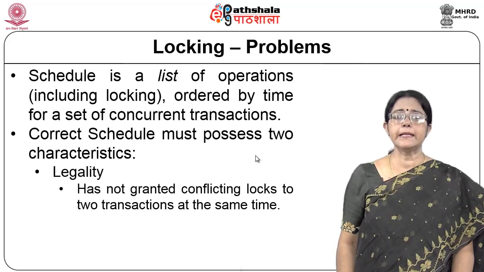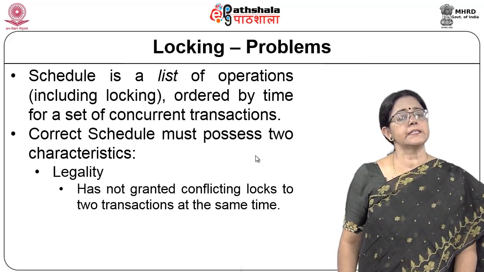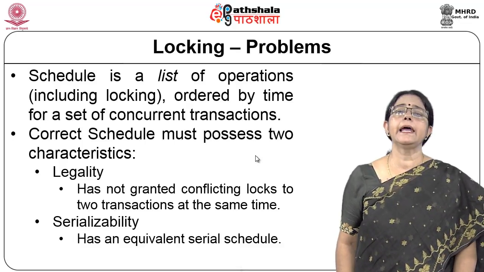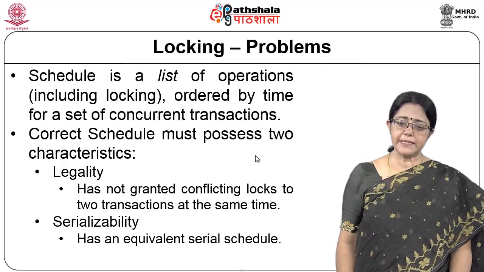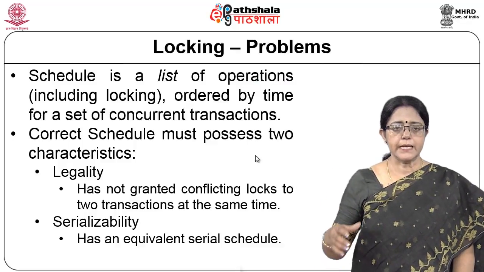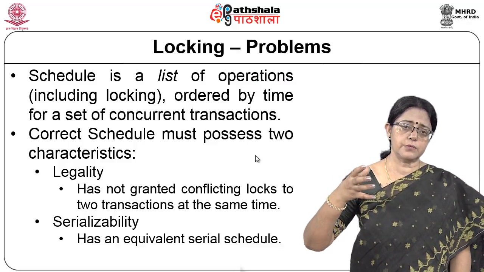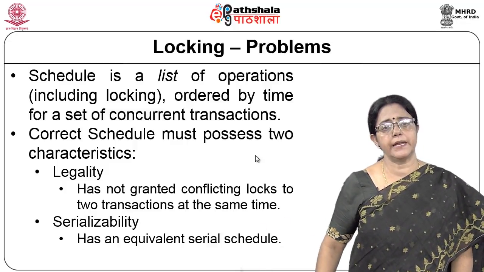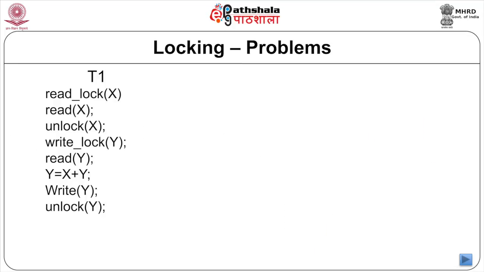One is that it is a legal schedule, it has not granted any conflicting locks, and it is serializable. What is serializability? It has an equivalent serial schedule, which, without going for concurrency, is as if we had executed the transactions on their own.